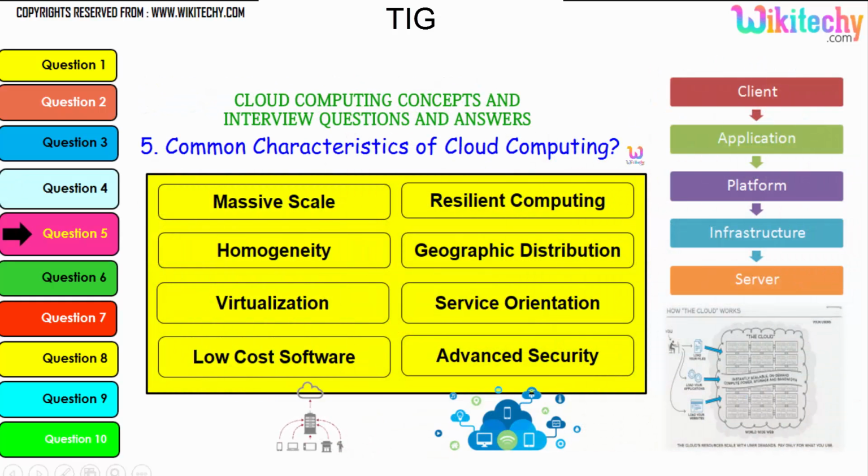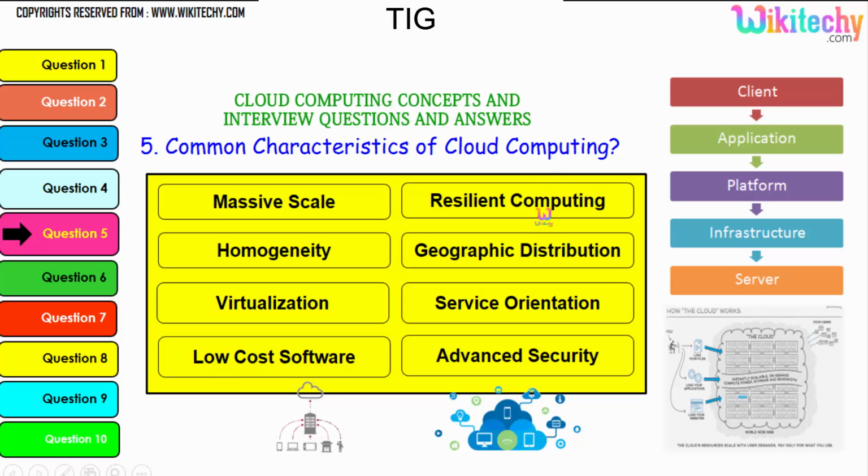Let's talk about the common characteristics of cloud computing. So these are very important characteristics. A massive scale. How much big you want, I can give it to you. Homogeneity. You are able to use homogeneity. Virtualization. You are able to create a VM machine and use it. Low cost software. It becomes really cheaper.